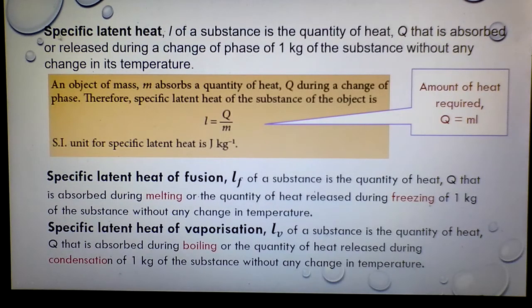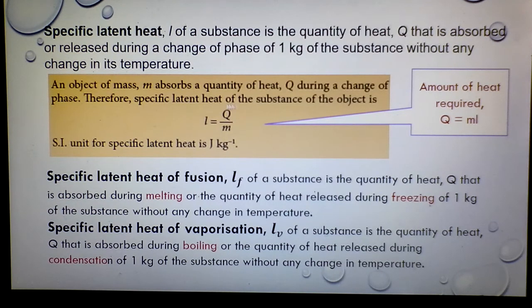So now we have specific latent heat. Specific latent heat, we use small l, of a substance is the quantity of heat Q that is absorbed or released during change of phase of 1 kg of substance without any change in its temperature. So from here we can write down a formula. An object of mass m absorbs a quantity of heat Q during change of phase.